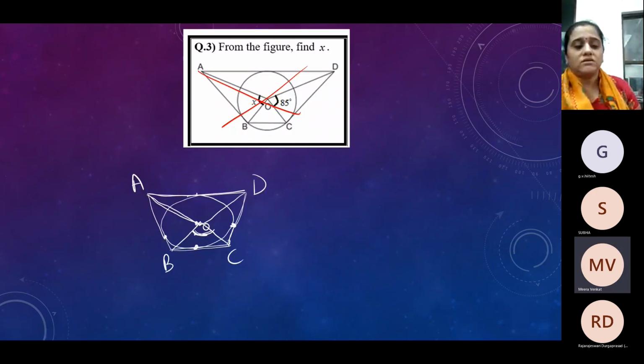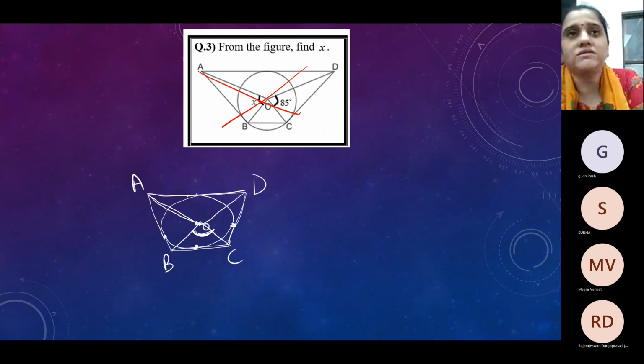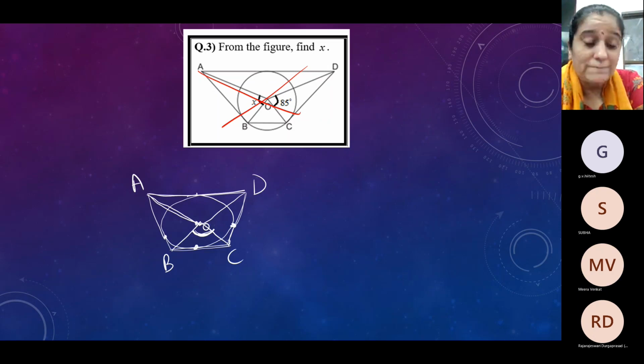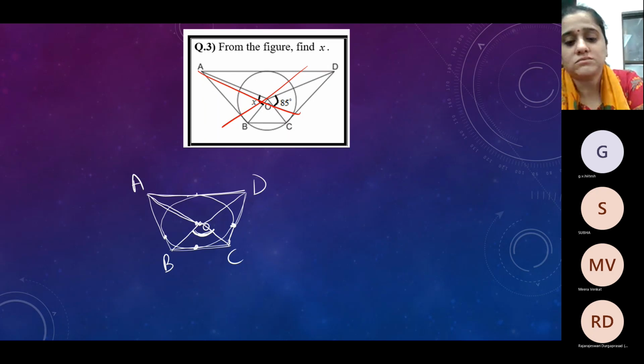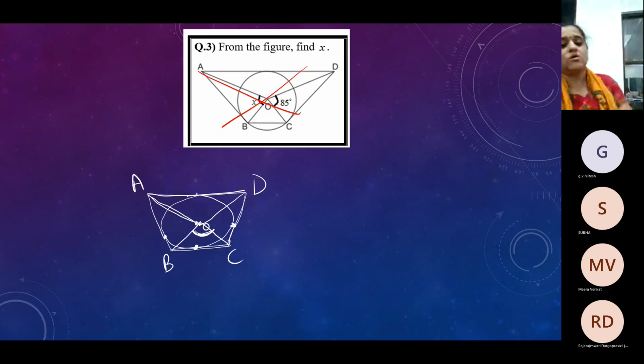Now, what is this angle? This angle BOC, how do you explain this angle? It's the angle subtended by the side BC at the center.